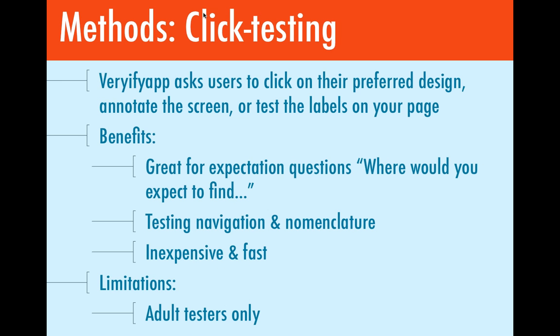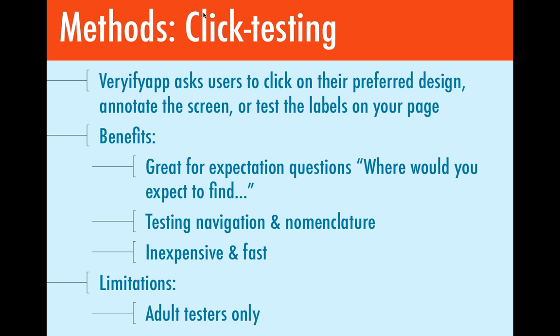The next method that I'm going to talk about, besides usertesting.com and the think aloud protocol, I'm so psyched about this method: click testing, which one example is the Verify app. If you upload designs, they can be a static PDF, they will recruit for you users in your target market, target age range, to click on which design they might prefer.